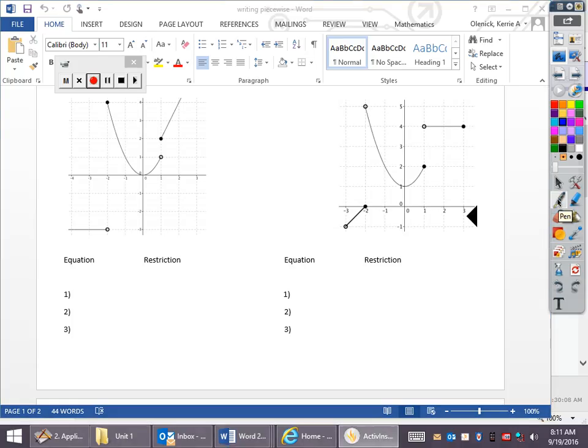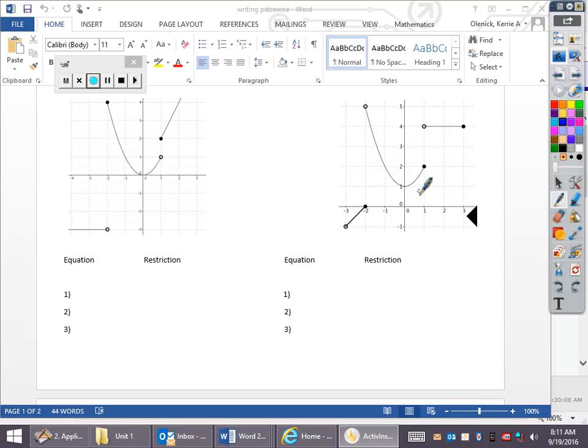Okay, first of all, is this parabola in standard position? How do I know it's in standard position? The vertex is at 0, 0. On a side note, is this in standard position? No. Where did it relocate? It moved up 1, so this is going to be a +1, okay?